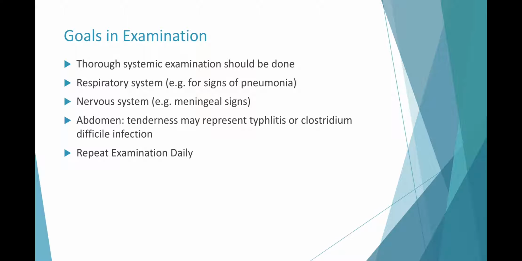Other goals in the examination: a thorough systemic examination should be done. Respiratory system for signs of pneumonia, nervous system for meningeal signs, abdomen, where tenderness may represent typhlitis or Clostridium difficile infection. Well, typhlitis is a case of neutropenic enterocolitis.